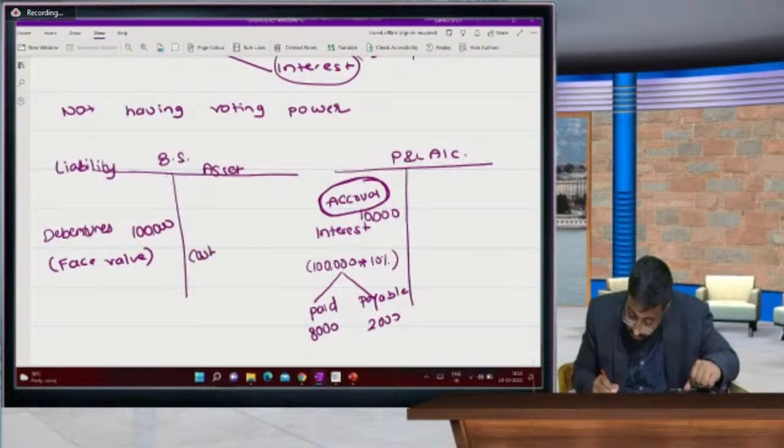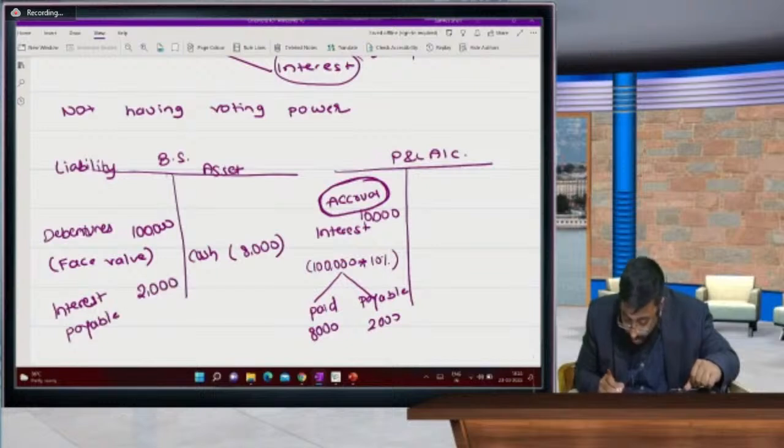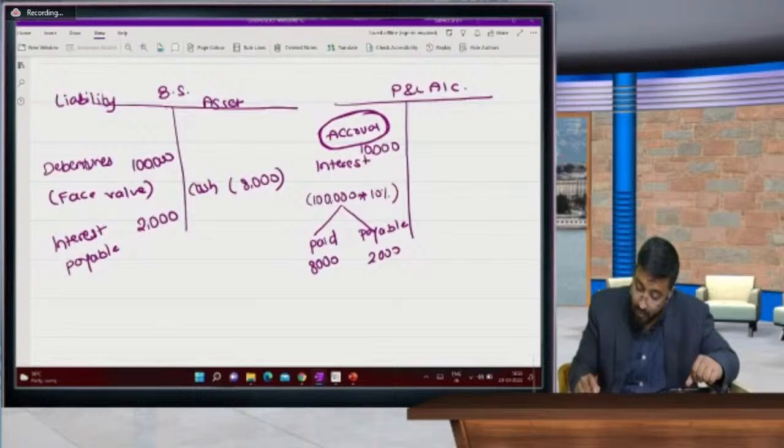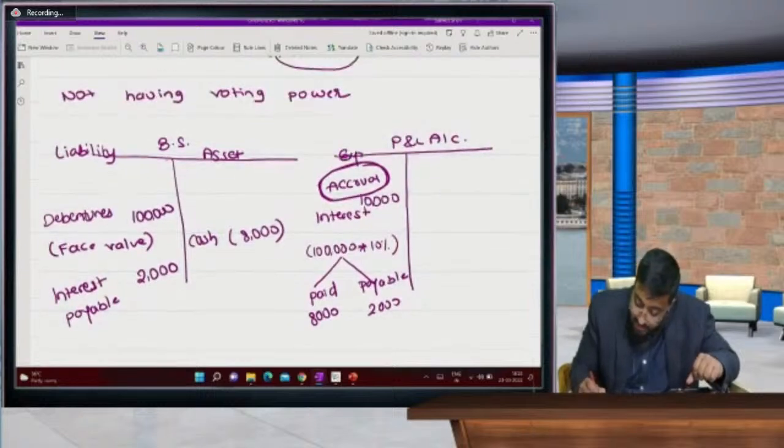So your cash balance is going to reduce by 8,000 and on the liability side, interest payable will be rupees 2,000. So this is your expense.